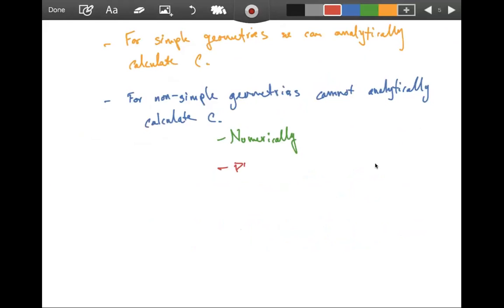In this case, you can plot Q versus V and extract C. Now, what ends up being interesting, and we're going to hopefully show this by doing a couple of examples, is that the capacitance is only geometrically dependent.